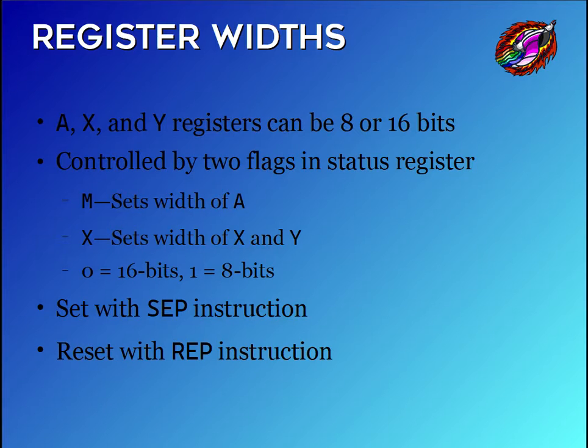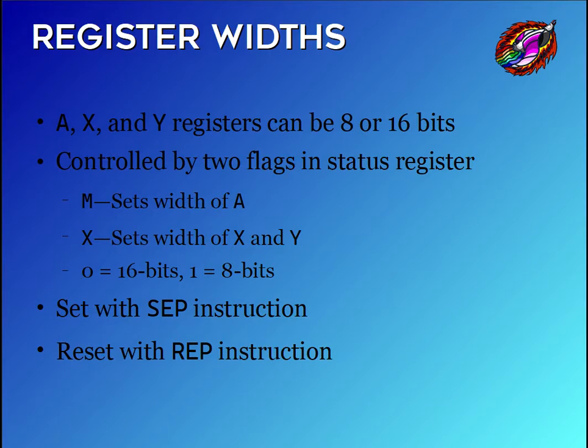How those flags work is that if the value is 0, then the flag is indicating that the registers associated with that flag are 16 bits wide. And if the flag is a 1, that is, if it's set, then the associated register is 8 bits wide. So we're going to want to work with 8-bit values, and we're going to work with the accumulator. So we want to make sure that the accumulator is 8 bits wide, meaning we want that M flag to be set to 1.